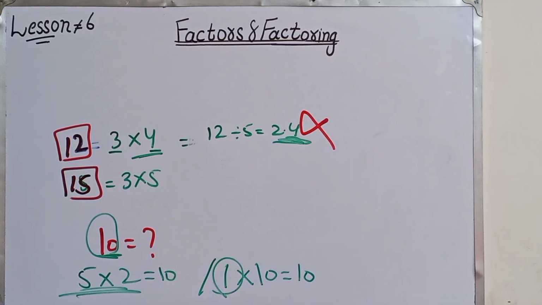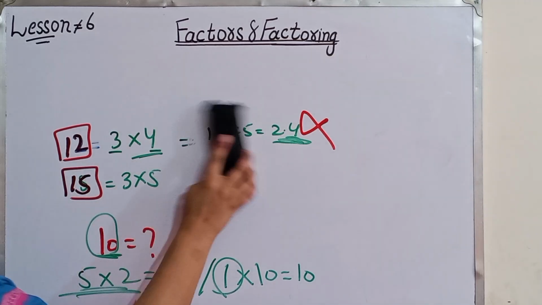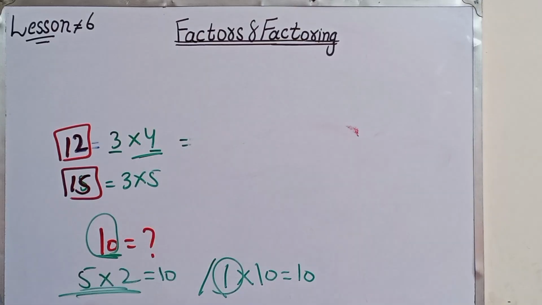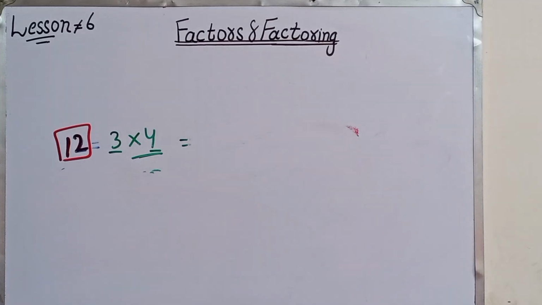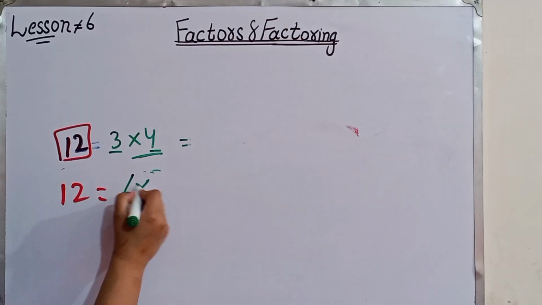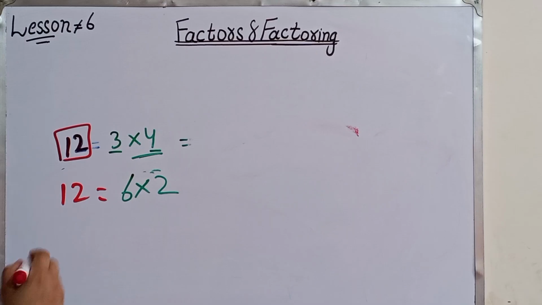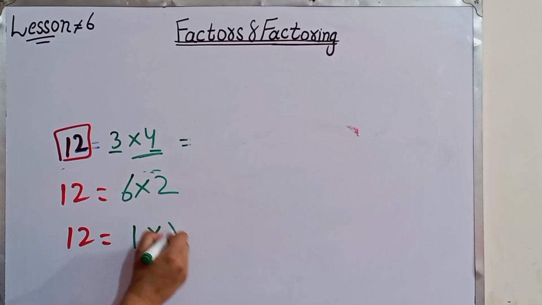Now, again, if we find the factors of 12, I will show you how you can find them. 3 multiplied by 4; we can also see the factors of 12. 6 multiplied by 2; we can also see the factors. 1 multiplied by 12.